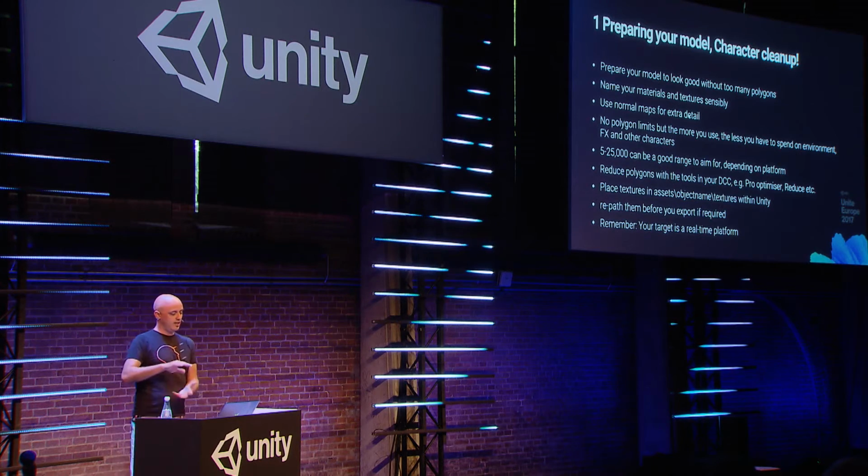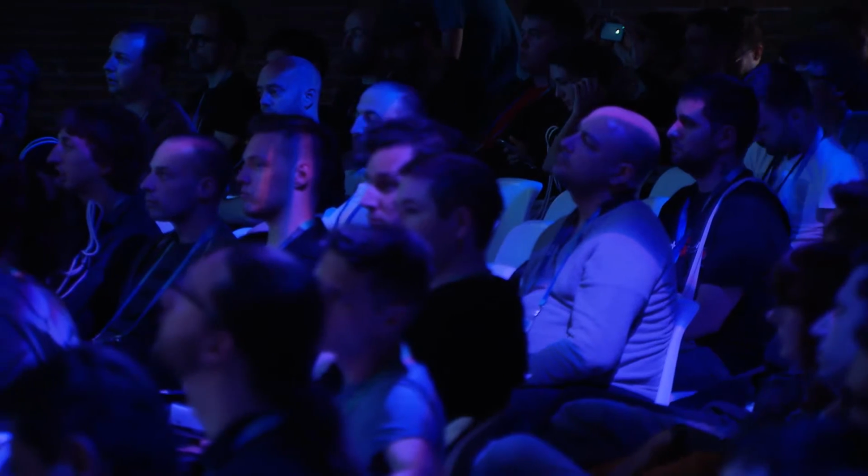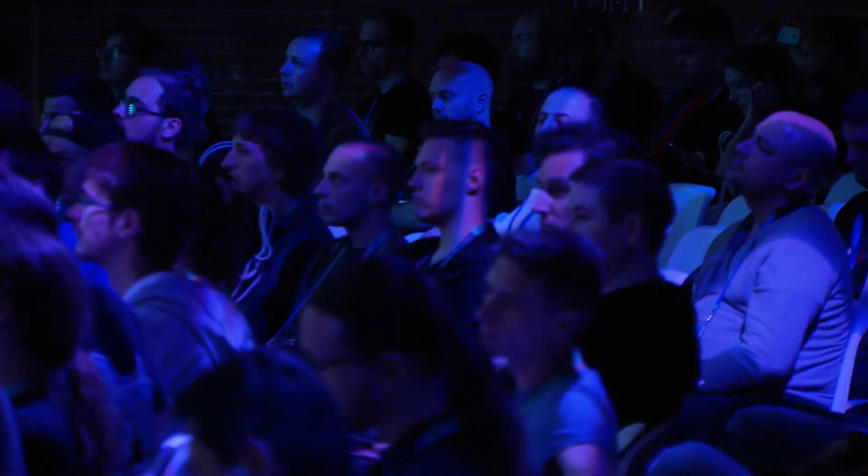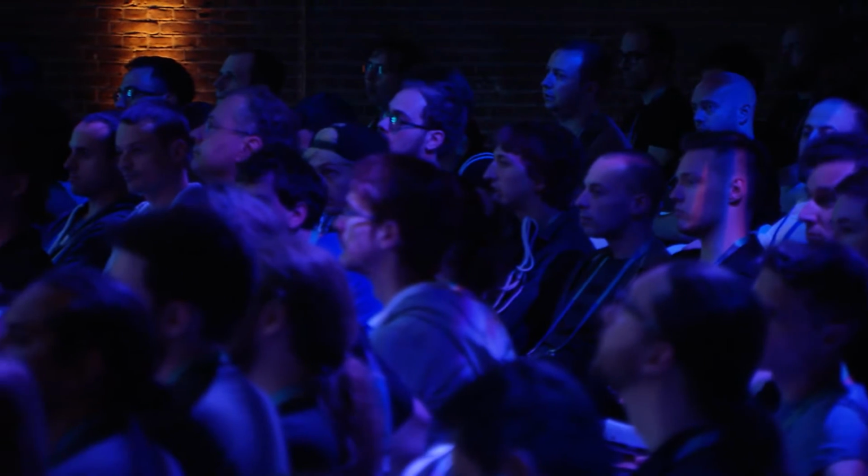They all have their own ways of creating very different models, some of which are suitable for real-time environments, some of which aren't. And of course, even within real-time environments, you have a huge variety of different platforms to target, from high-end PC right through to the lowest powered mobile device that you might be looking to. So it's very important to have a bit of a consideration for the target that you're aiming towards.